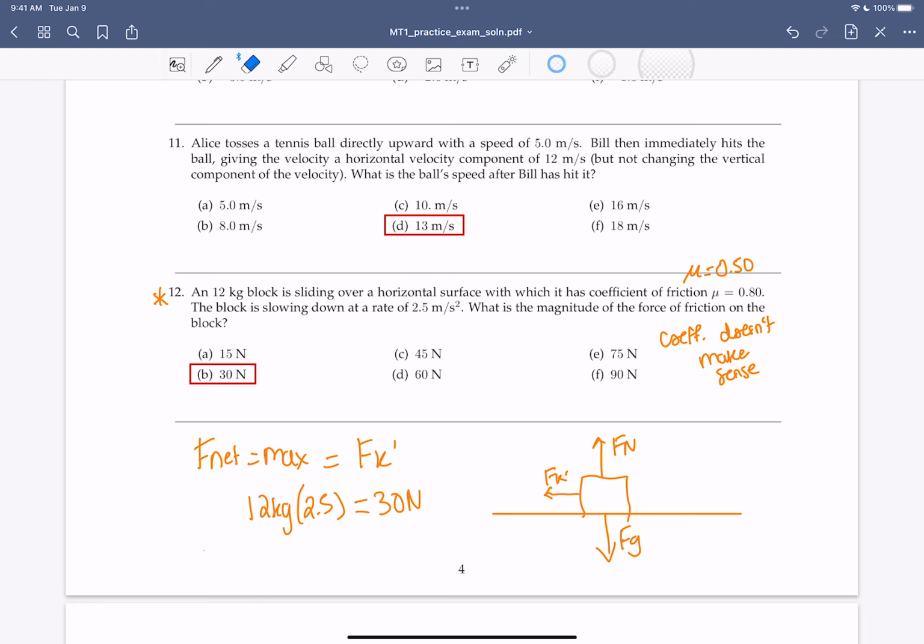But did you guys also have 2.5 meters per second squared for your acceleration, or did you have a different acceleration, or did they just not give you acceleration at all? Oh, they gave you 2.5 as well? Okay, well then that throws things off a little bit. That's weird.